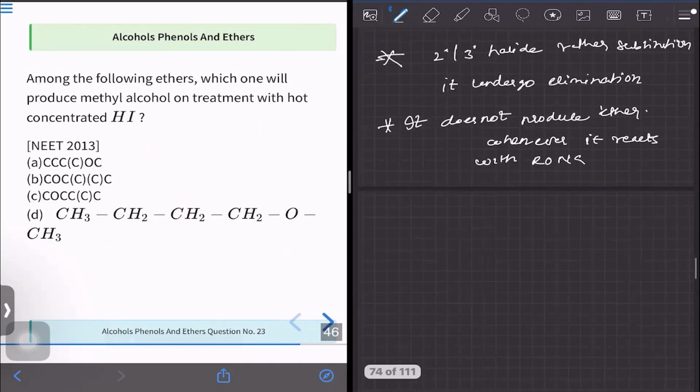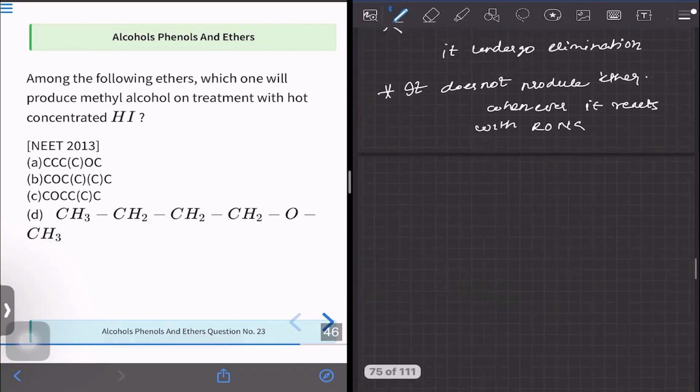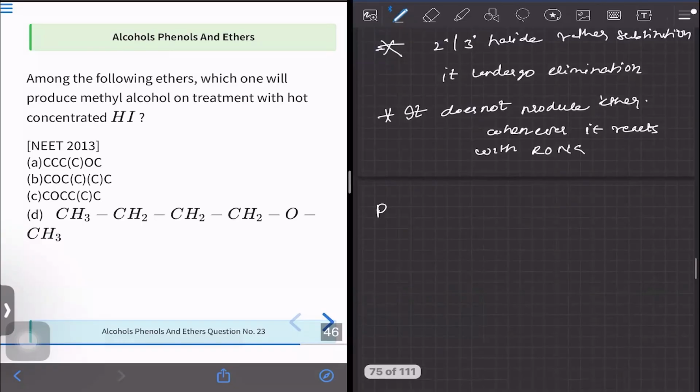Next question. Among the following ethers, which one produces methyl alcohol on treatment with concentrated HI? See how the ether reaction is formed. ROR, whenever it reacts with HI or HX, first ROH and RX will be formed.